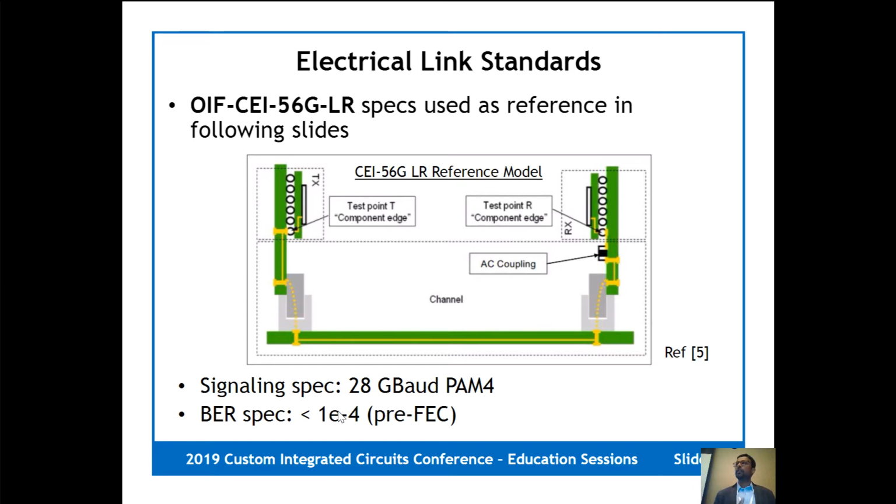And like I mentioned, the XSR and the USR, the very short reach, they have the 1E-12 bit error rate target because they don't assume FEC at all. But for all purposes, we are focusing on LR, and so the bit error rate target is 1E-4, with the assumption that the forward error correction will get us from here to 1E-15.